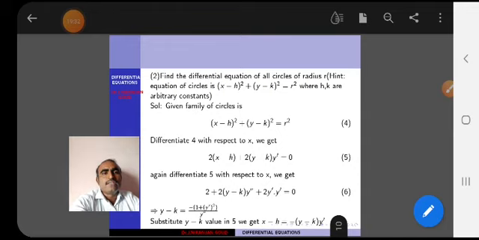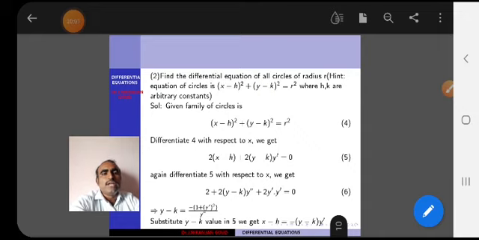Again differentiate this equation 5 with respect to x, we get 2 into x minus h derivative, x derivative is 1, h derivative is 0, so 2 into 1 plus 2 into, here there are two product functions, y minus k into y dash. So again you apply the UV formula. So 2 into y minus k, y dash derivative y double dash plus 2 into y dash, y minus k derivative is y dash, is equal to 0.